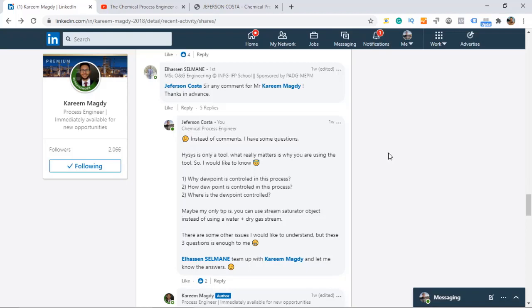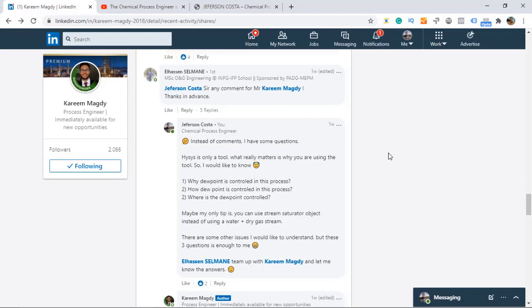So what I did was ask Karim why the dew point is controlling the process, how the dew point is controlled in this process, and where the dew point is controlled. They are very simple questions related to the process simulation that he did. He answered me, and I will talk a little bit about that later.